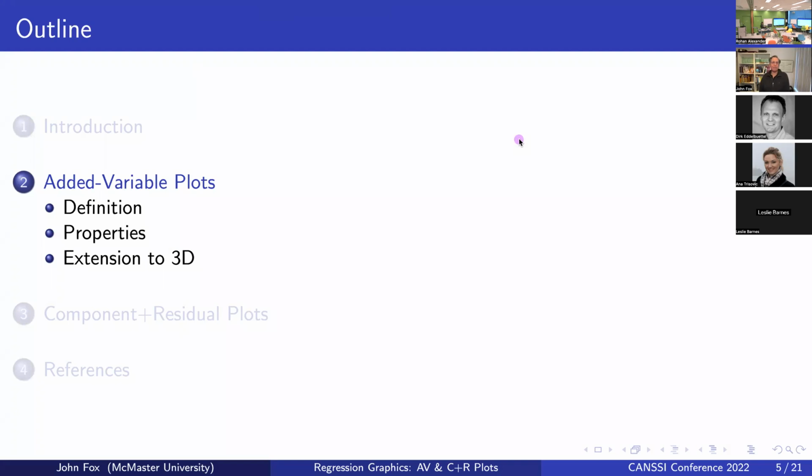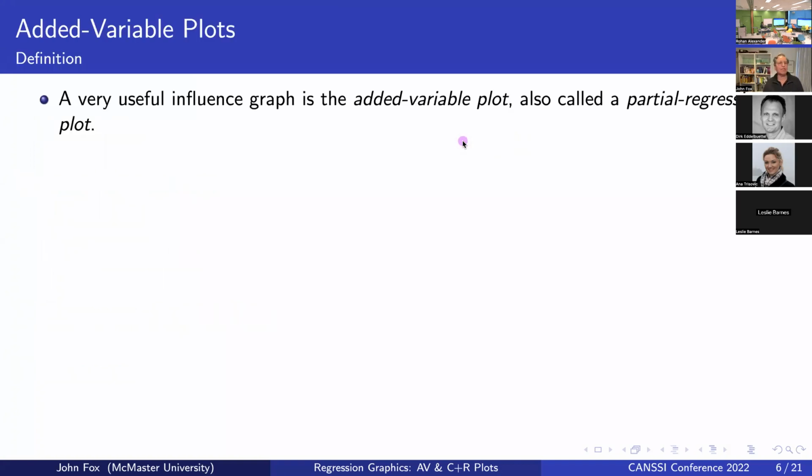So for added variable plots, I'm going to concentrate on the definition so we understand what we're going to be looking at, and try to move relatively quickly to a demonstration.